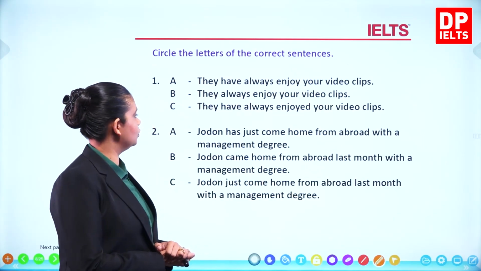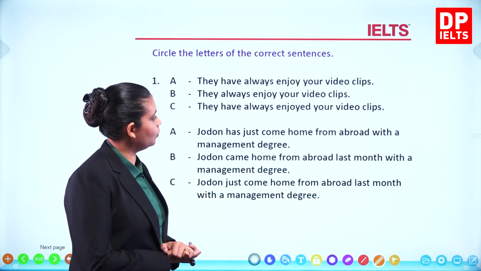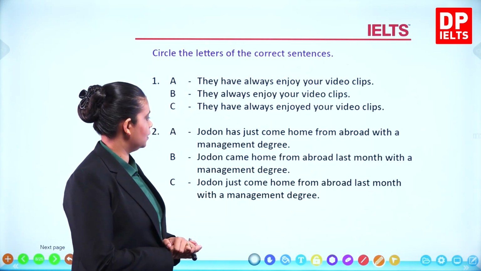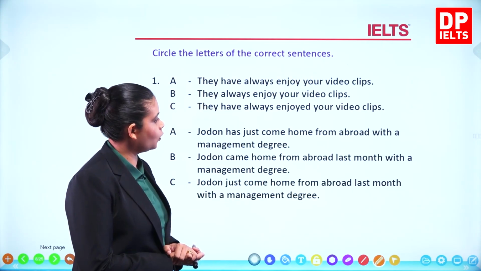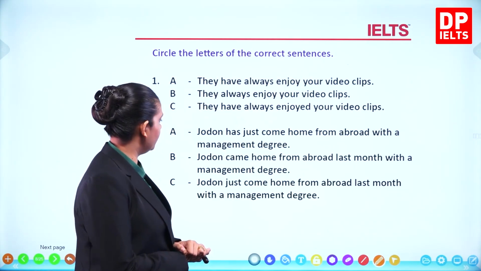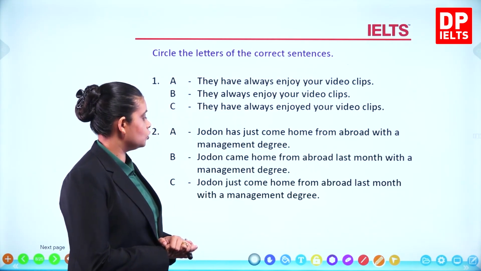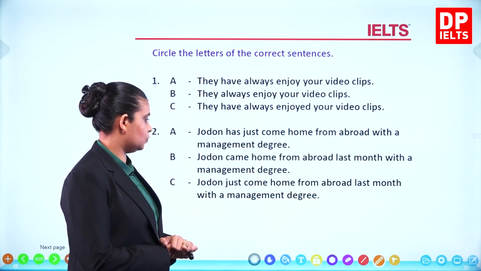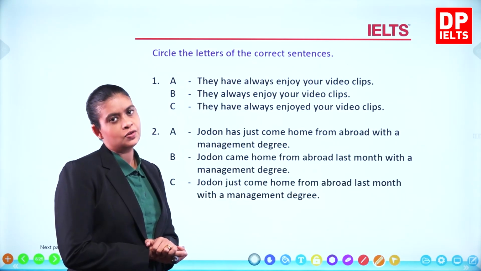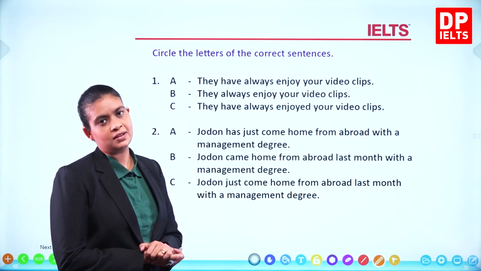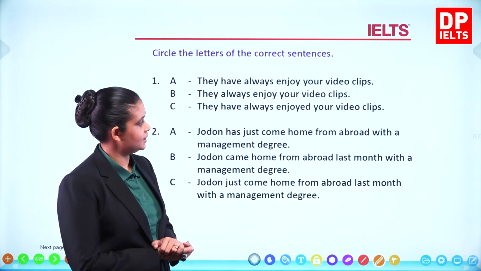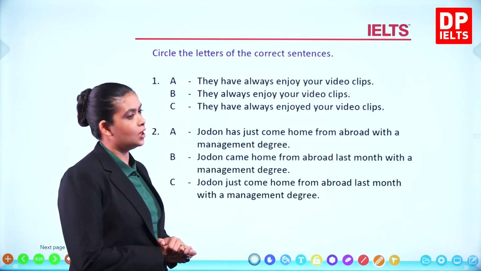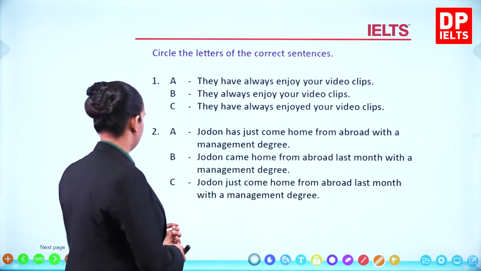The second one, Jordan has just come home from abroad with a management degree. Jordan came home from abroad last month with a management degree. Jordan has just come home from abroad last month with a management degree. So which one or which ones are correct? A, B or C? Please take some time and jot down the right answers.